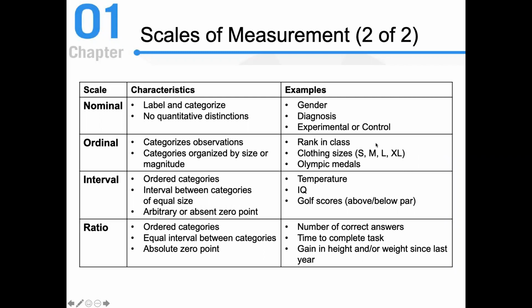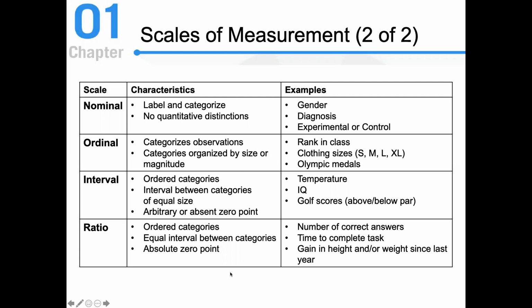So this is called NOIR, N-O-I-R: nominal, ordinal, interval, ratio. But what's really important is nominal. It's like an adjective, label and categorize, no quantitative distinctions. Examples: gender, diagnosis, experimental or control, culture, political affiliation. Ordinal, that's categorized observations. Categories are organized by size or magnitude, ranking, class, clothing sizes, small, medium, large, extra large, Olympic medals.